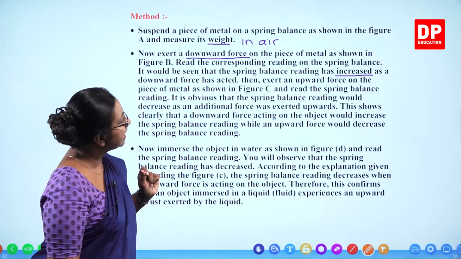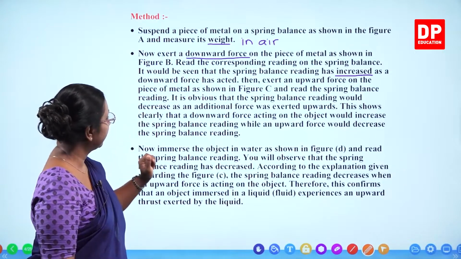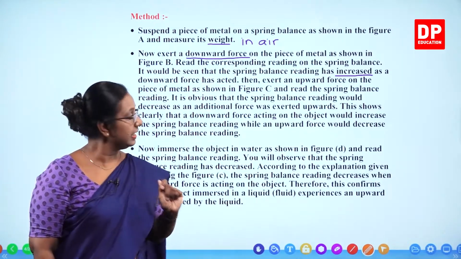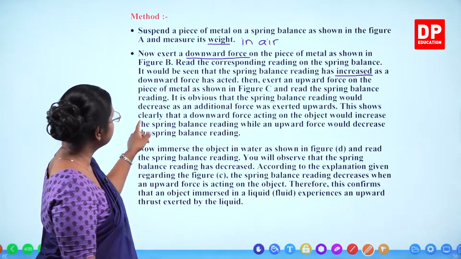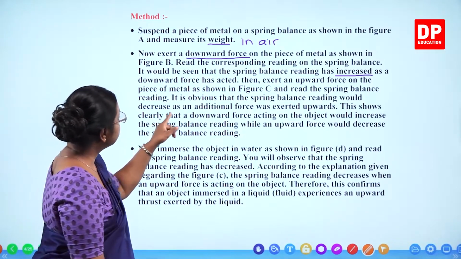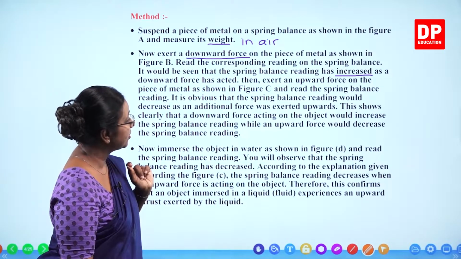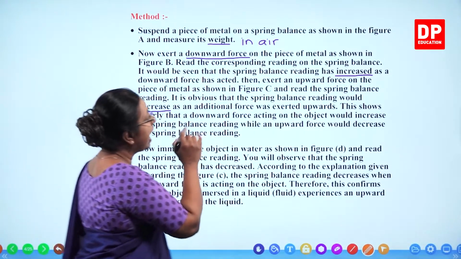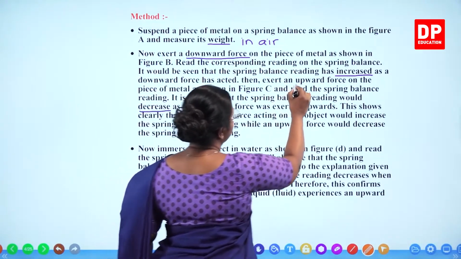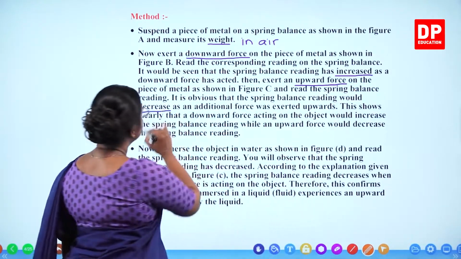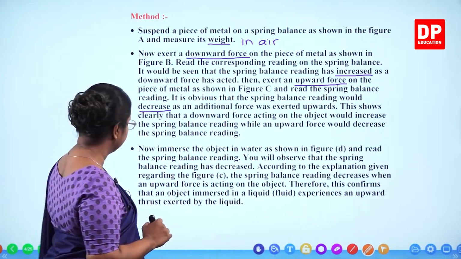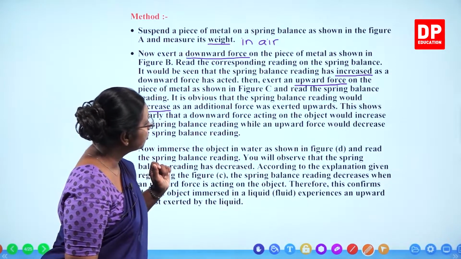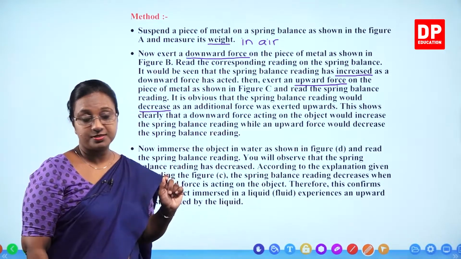Then exert an upward force on the piece of metal as shown in figure C and read the spring balance reading. It is obvious that the reading would decrease, as an additional force was exerted upwards.